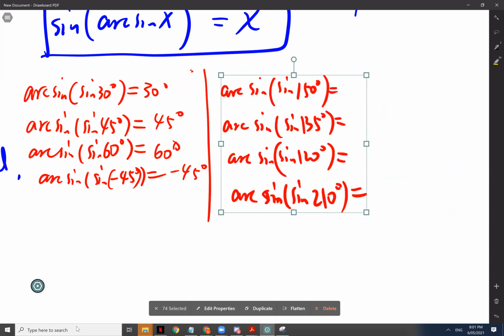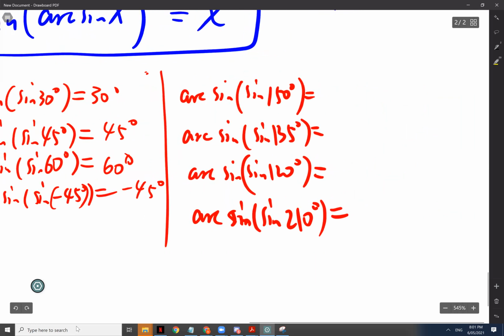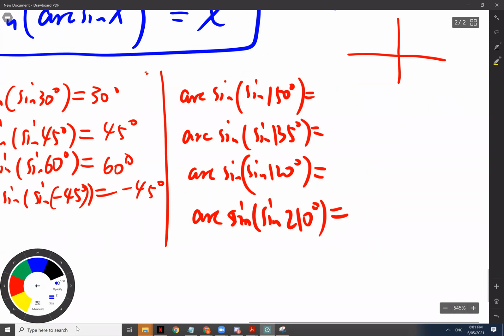Yeah, we can use a graph. Check here. Sine 150. We try to sketch a sine graph. And this piece is for arcsin. 180 degrees here, 30 degrees here, 150 degrees here.